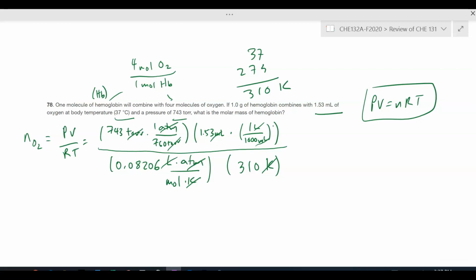So we've got moles on the bottom, so that'll work out to be moles on the top, which is what we expect, right? So let's see what we get here.